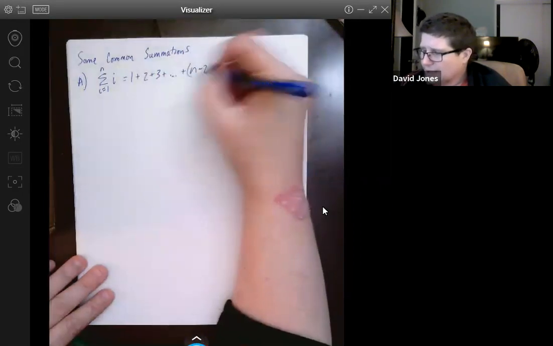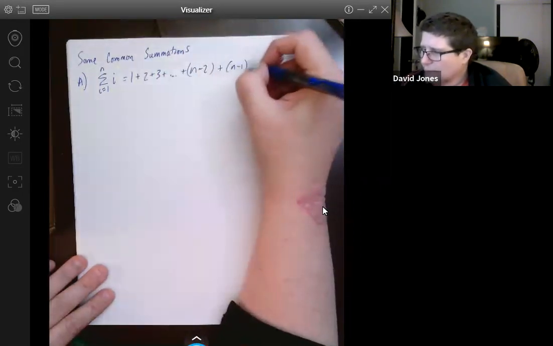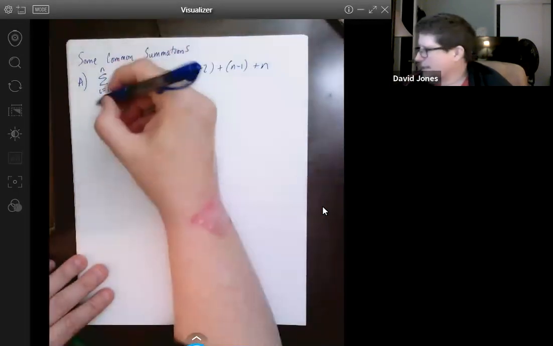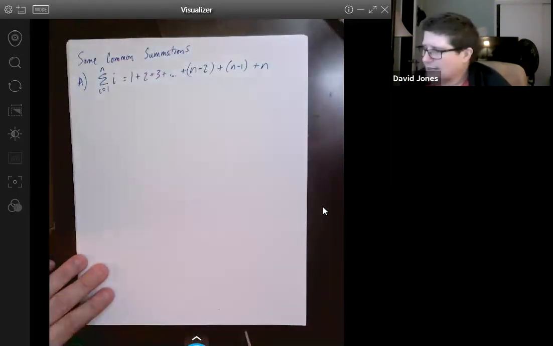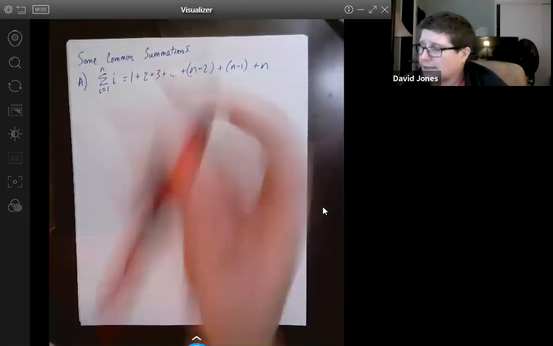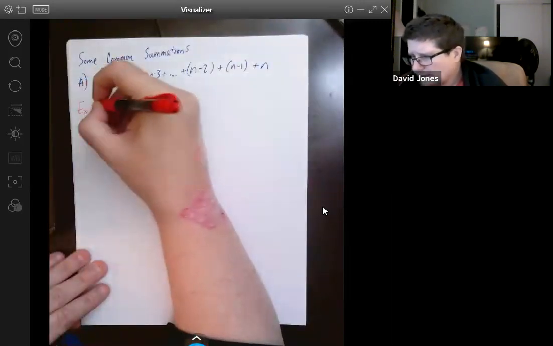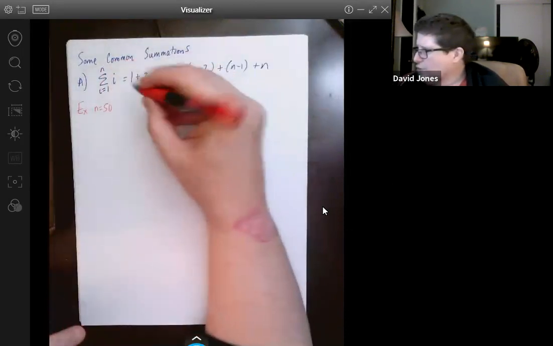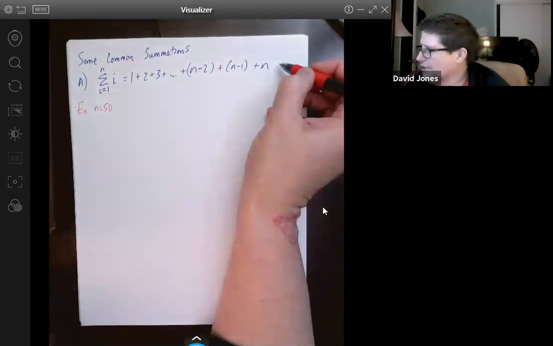Let's just say n minus 2 plus n minus 1 plus n. Okay. And this might be easier to see by giving an example. Let's say n equals 50. I'm going to show you with the shortcut. There's a shortcut solution to this.